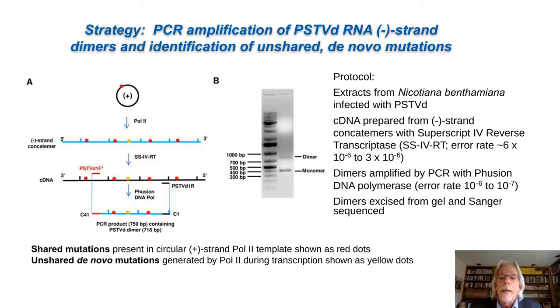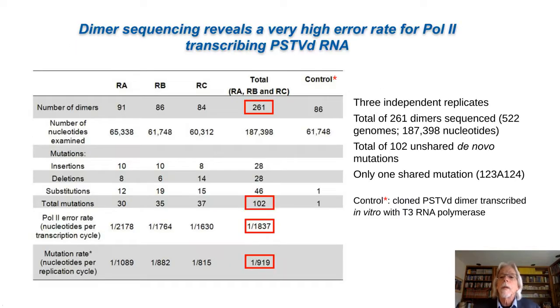And we excise the dimers from the gel, which is shown in the middle, and subjected them to Sanger sequencing to avoid mutations generated during deep sequencing. We did this in 3 independent replicates indicated RA, RB, RC.